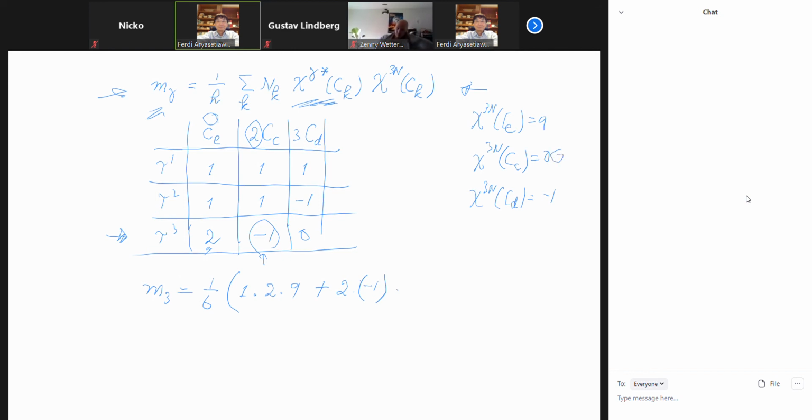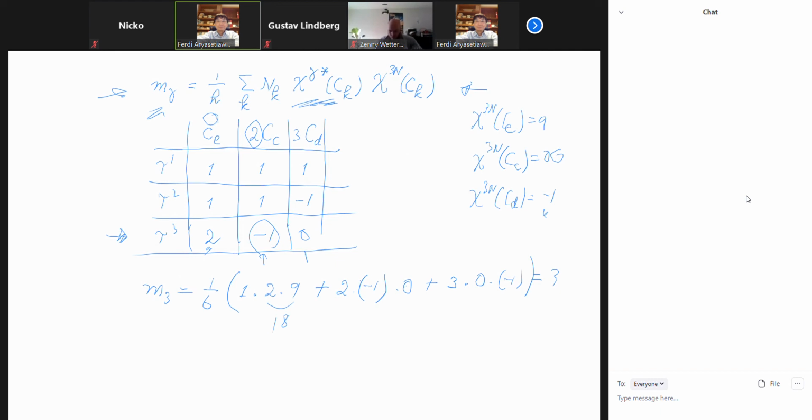Here, 0 doesn't contribute anything. Then 3 elements, multiplied by 0, which also doesn't contribute anything, and times -1. So you see that this is equal to 18, 0, 0, 2, 3. That's nice because it should be an integer. If we get some funny numbers, fractions, then we know we have done something wrong.